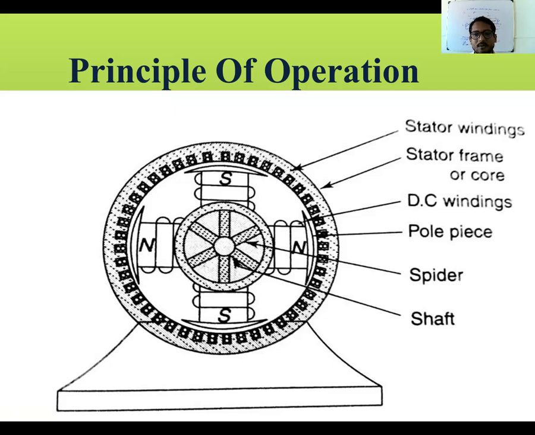The excitation winding is mounted on the machine's rotor. Generally, a DC winding is used as the excitation winding. The stator is the stationary part. It is cylindrical in nature, slotted in construction, as shown in the figure, and the slots hold the armature winding.